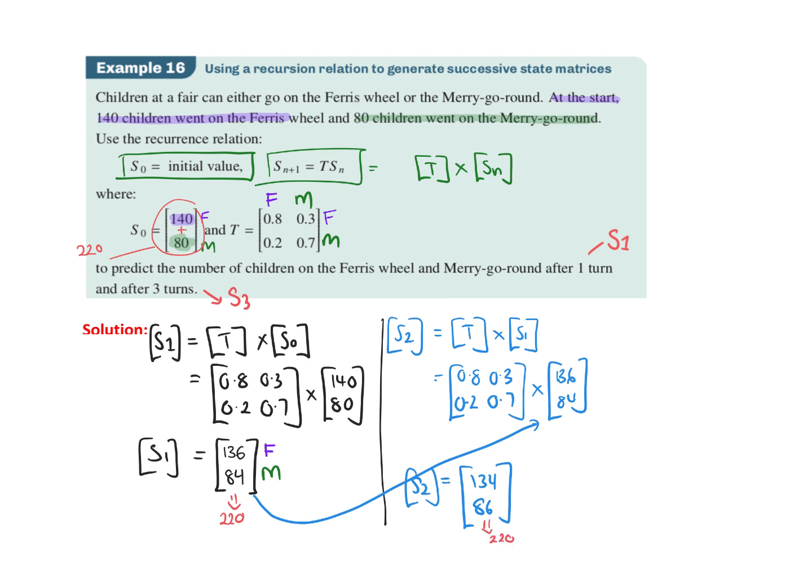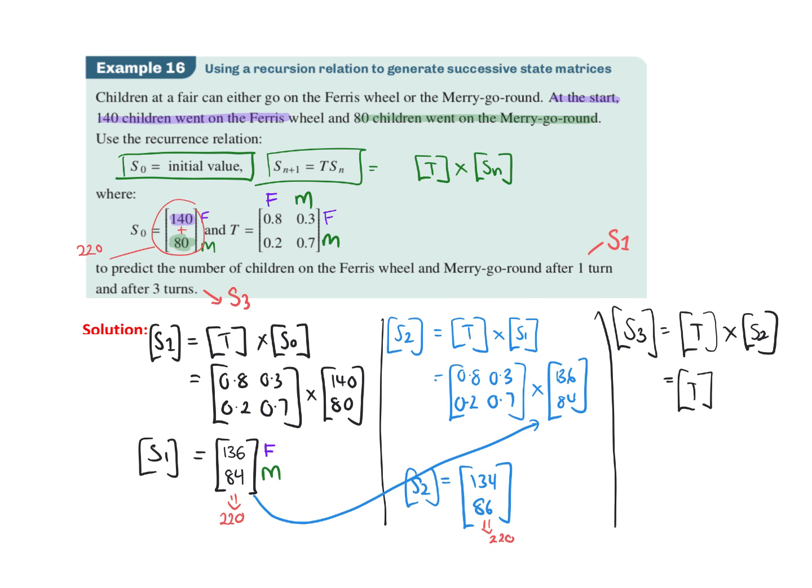Okay, so now we've done that one. So how do you think I'm going to find S3, which is what they wanted me to find? What am I going to do? The transition times what? What's the one before S3? S2, good. So you actually don't have to, if they've written out the transition like that they have in the question, you don't have to actually keep writing it out.